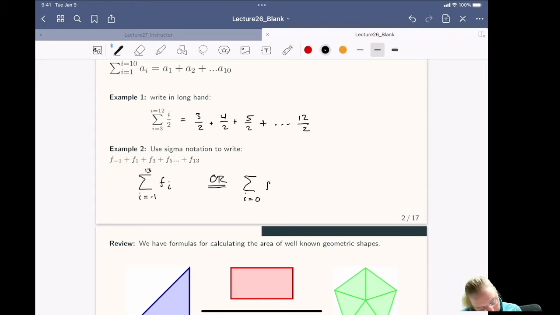And so we have f of i minus 1, and we want to sum all the way up until 13. Well, if I plug in 13, I'd have 13 minus 1, which would be 12. So I want to sum all the way up to i equals 14, not i equals 13, so that 14 minus 1 is equal to 13. So these are two ways of writing this sum right here.